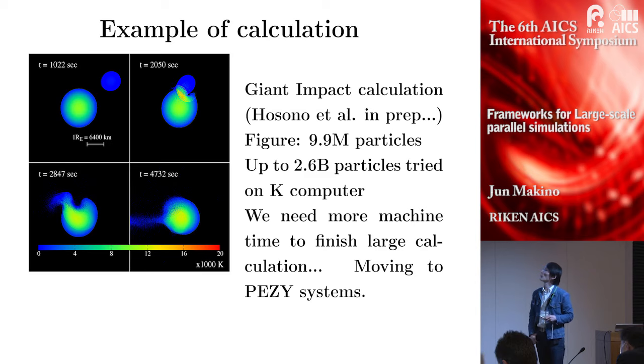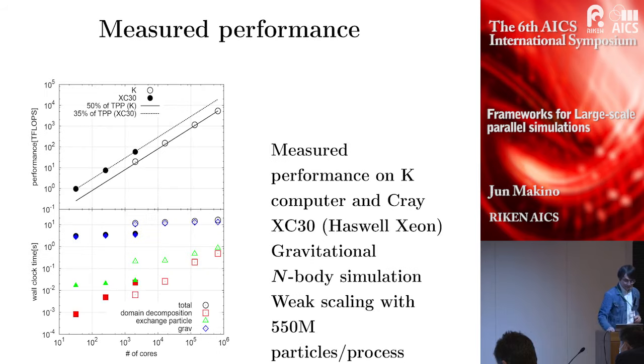This figure is generated with roughly 10 million particles, and up to 2.6 billion particles we have tried on K computer, and well, it turns out to be too easy to eat up all of the available computing resources, and we are trying to find more machine resources in other machines right now.